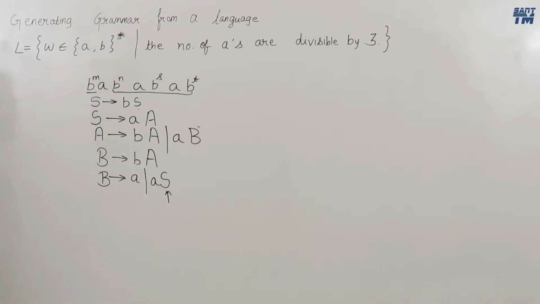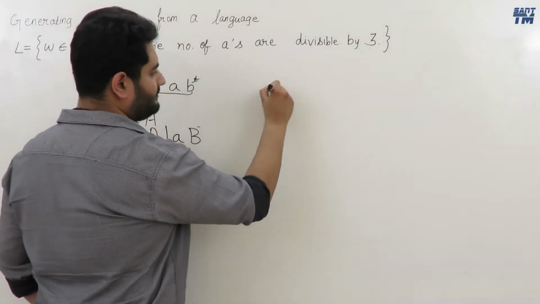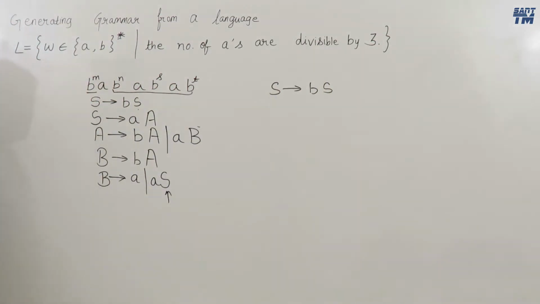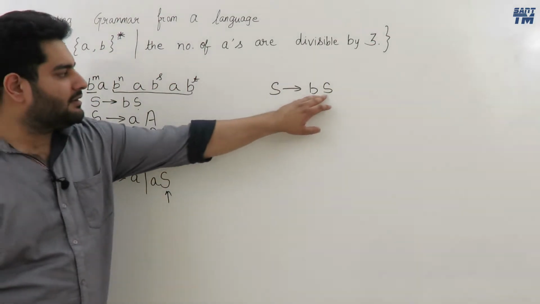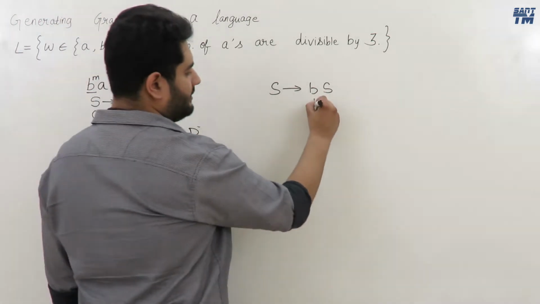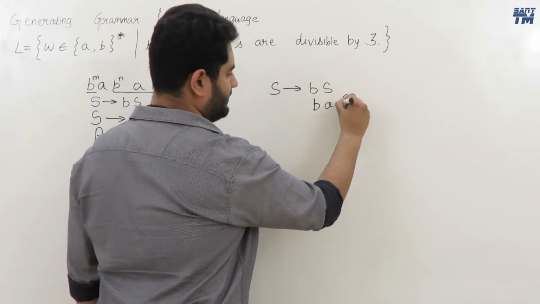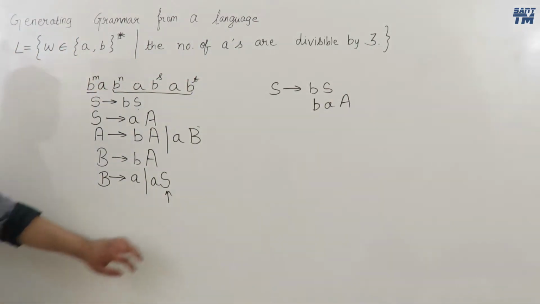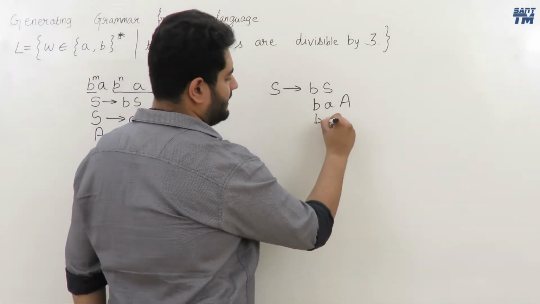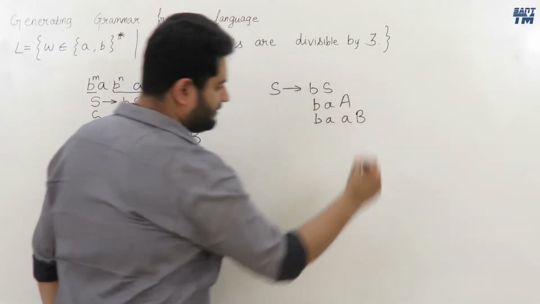So first is S derives BS. Now let us say in this S we substitute A, then we get BA. Now in place of this A, let us say we substitute AB, so we get BAB.